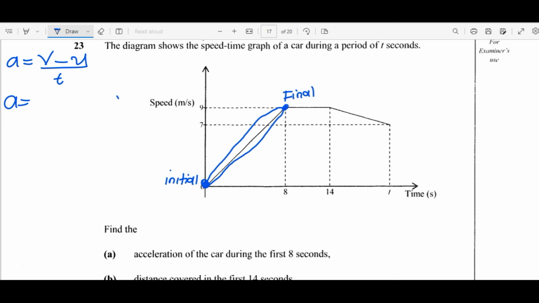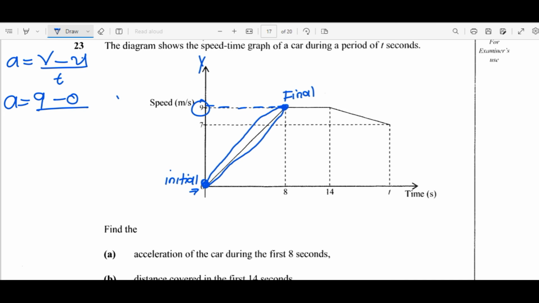To get the value, as long as it's speed, you need to use the y-axis. So the point for final is this one. If I move parallel to the x-axis, the number that I'm having is 9. So 9 minus my initial is just a 0, since starting from the origin. What of my time?